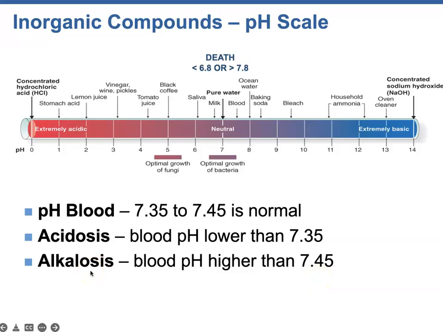So now it's going to be more basic. And what we need to do in order to bring it back to its happy place is we need to get this pH back down. So we want this right here. This is our sweet spot, this blood. You want it to be between 7.35 and 7.45. So you can see that we don't have a whole lot of wiggle room in terms of how much this can vary back and forth.